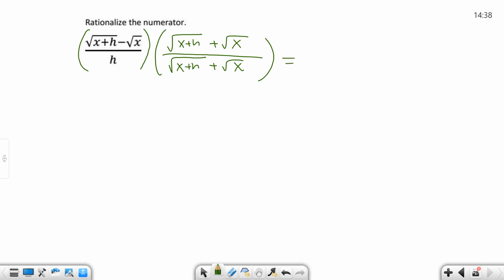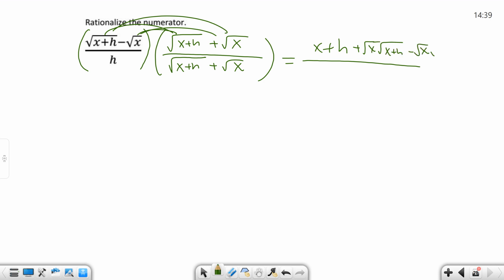Okay? And then now I'm going to FOIL this. The square root of x plus h times the square root of x plus h is just x plus h. Then we get plus, I'll show it this time, x times the square root of x plus h. And then I get minus the square root of x times the square root of x plus h.